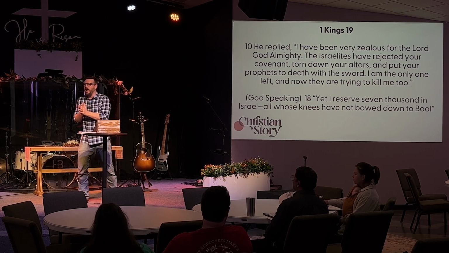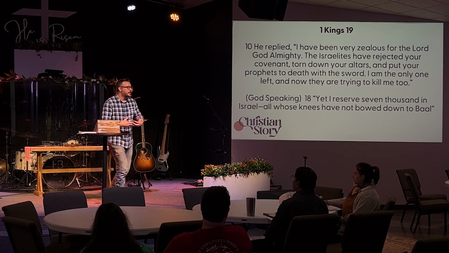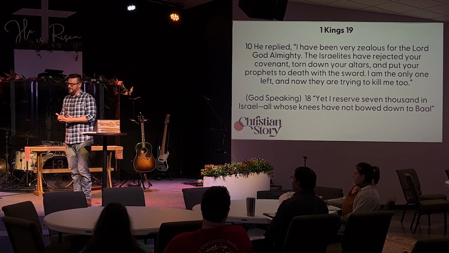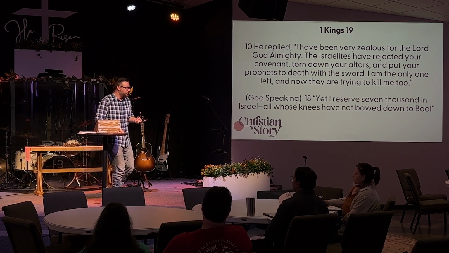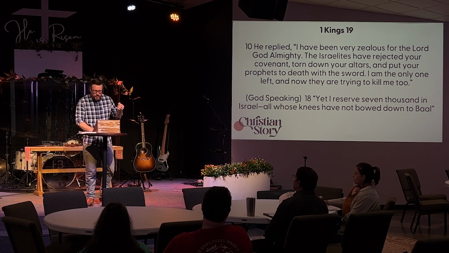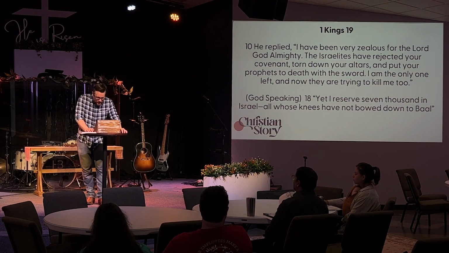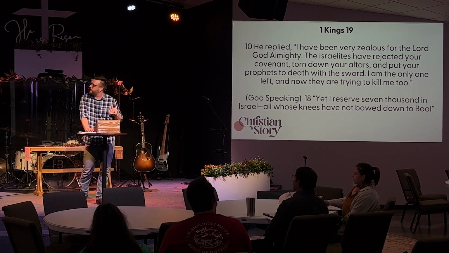So sometimes you're like, why did God allow his people to suffer? They were in utter rebellion against him so often and in extreme ways. So God responds back in verse 18, "Yet I reserve 7,000 in Israel, all whose knees have not bowed down to Baal."